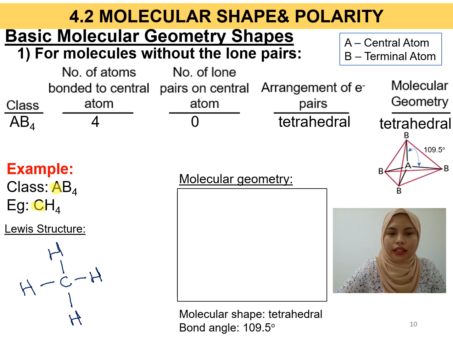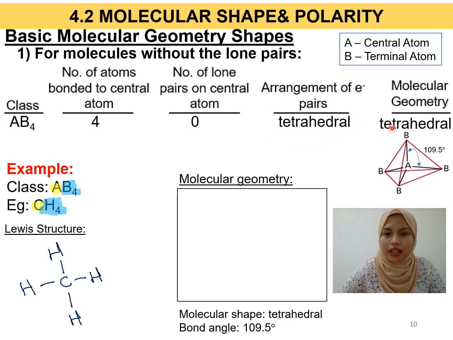And then, molekul CH4 ni hanya ada satu central atom dan juga dia ada 4 terminal atom. So from there you will know that this molecule actually ada arrangement of electron pairs tetrahedral. Makanya dia punya molecular geometry dia akan jadi tetrahedral.